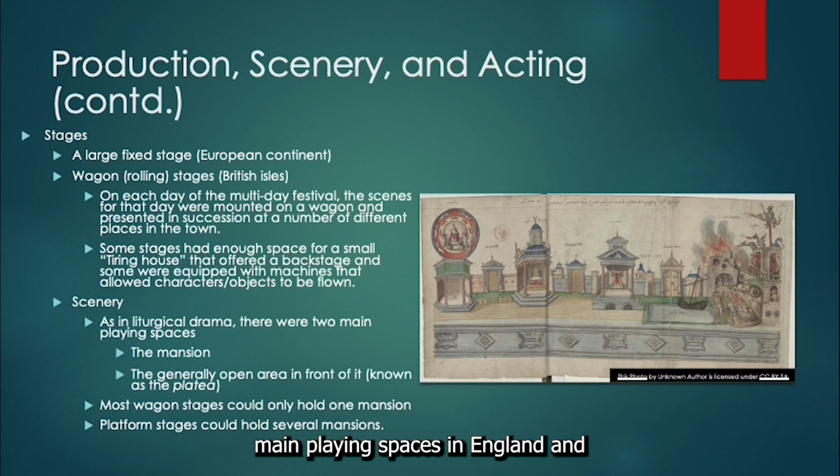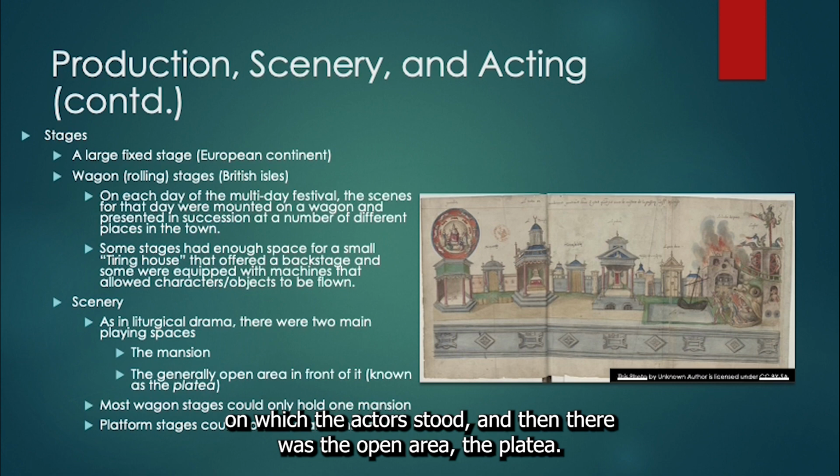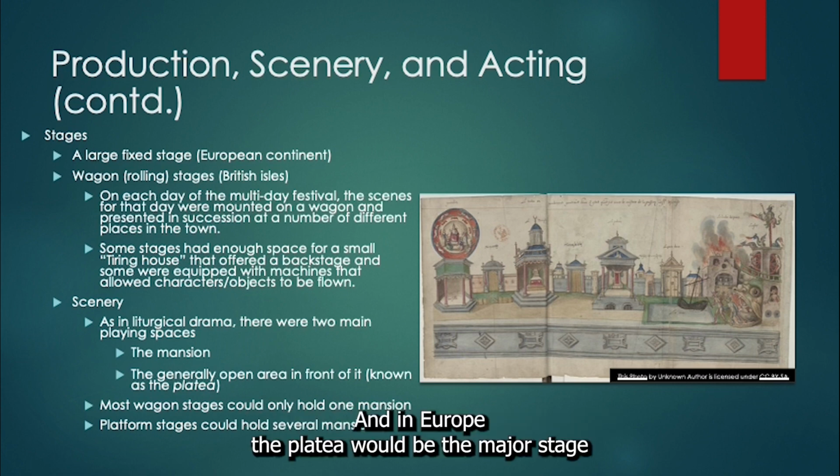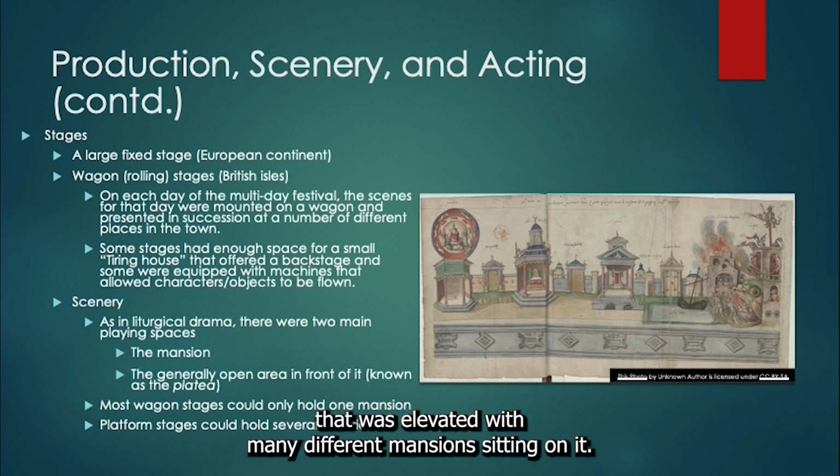There were two main playing spaces in England and on the European continent. So there was the mansion on which the actors stood, and then there was the open area, the platea. And in Europe, the platea would be the major stage that was elevated with many different mansions sitting on it.